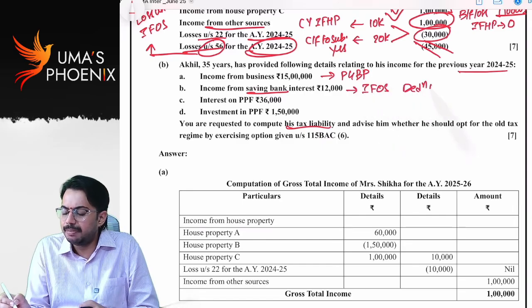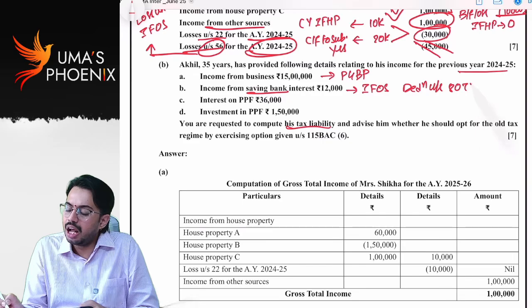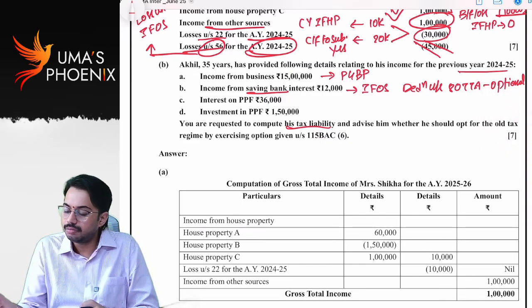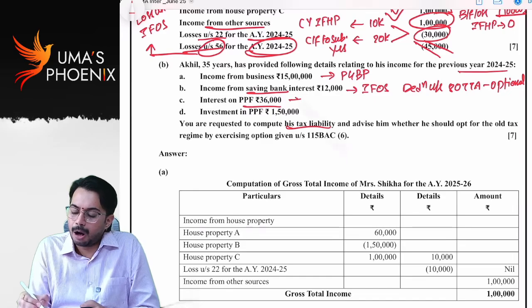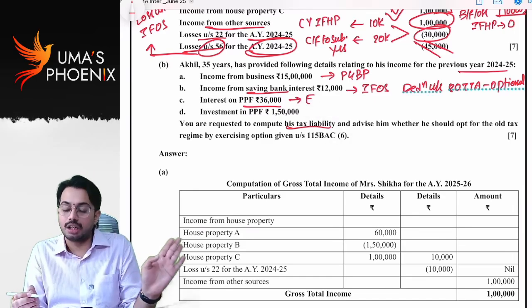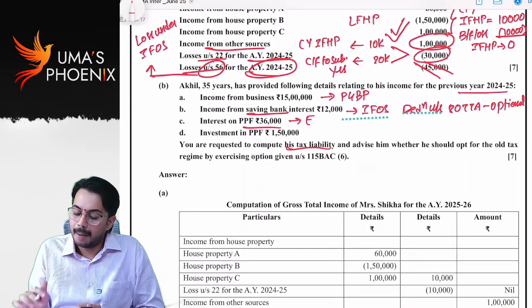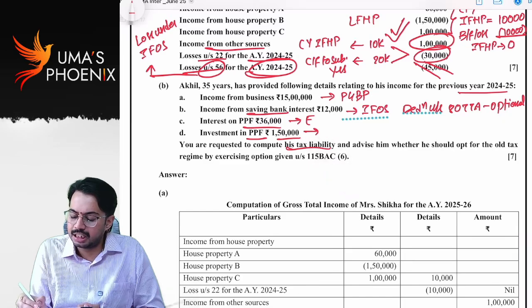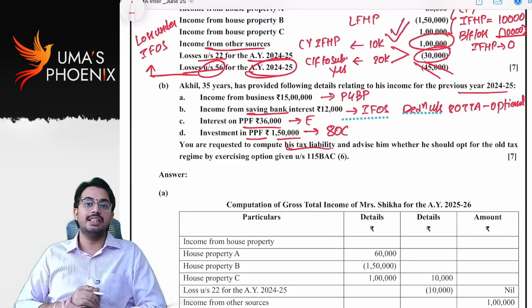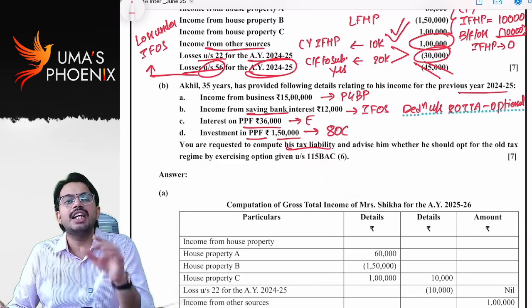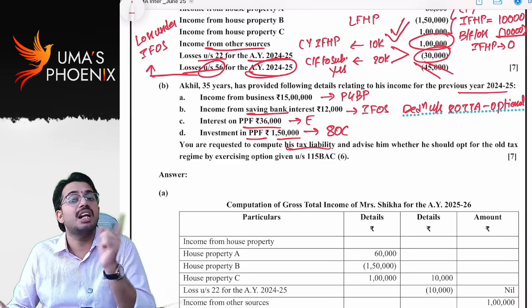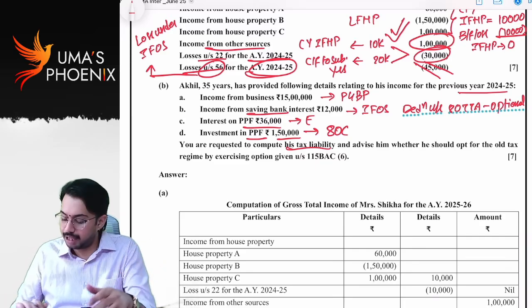Deduction is also available under section 80TTA, but only under optional tax rates. Interest on public provident fund, that is exempt, that is not taxable. Investment in public provident fund, this is eligible for deduction under section 80C. Under optional tax rates you can claim deductions, but under default tax rates you cannot claim deductions.